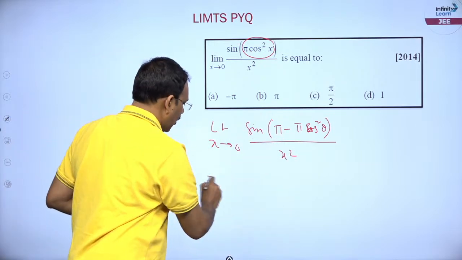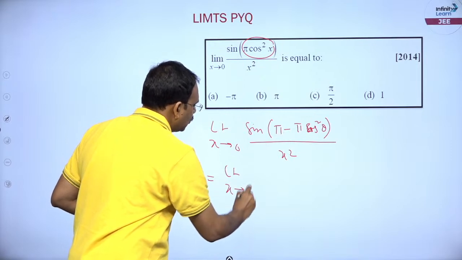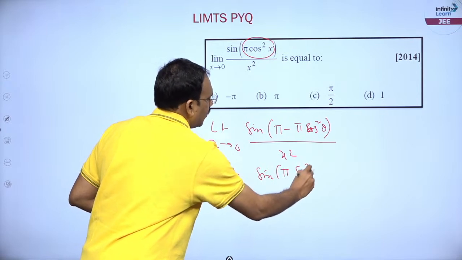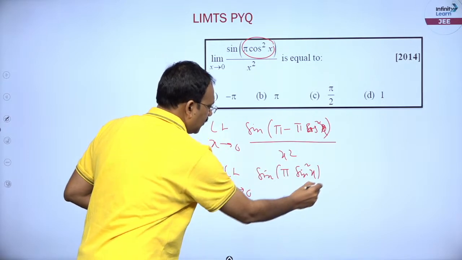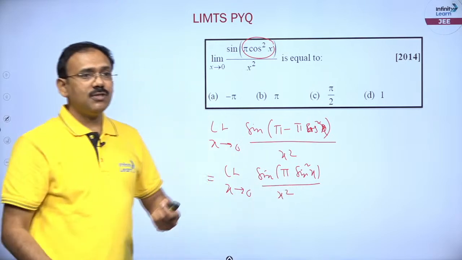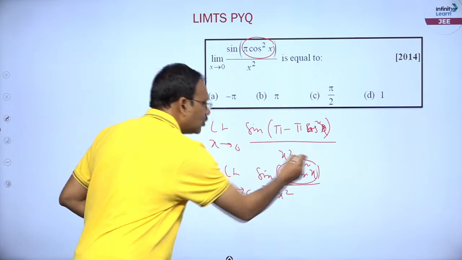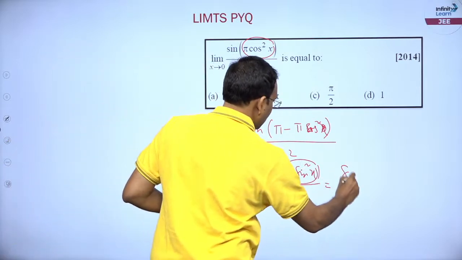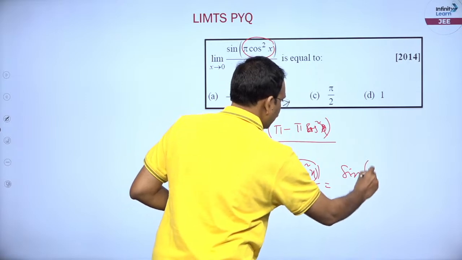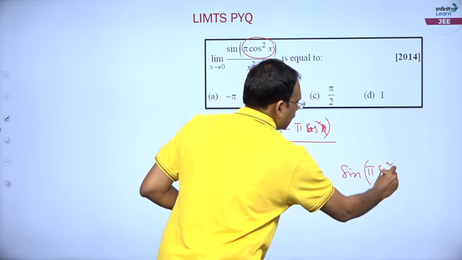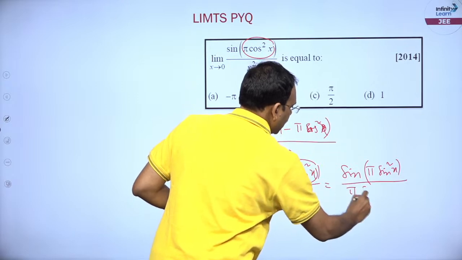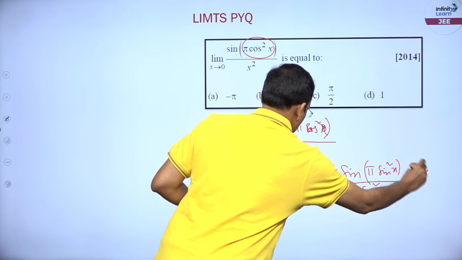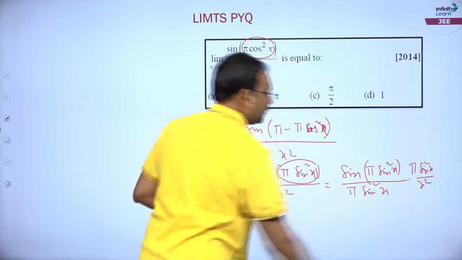Now you take pi common, limit x tends to 0, sin of pi sin square x by x square. Now you see, this is something which goes to 0 as x tends to 0. So you multiply and divide with pi sin square x, sin of pi sin square x, and divide with pi sin square x, and you can also write pi sin square x by x square.